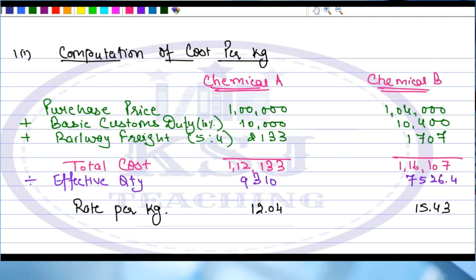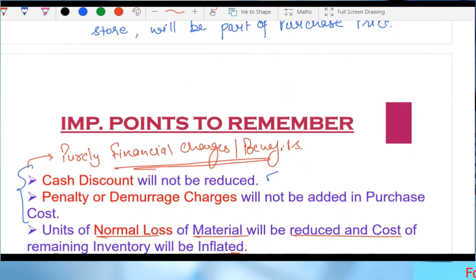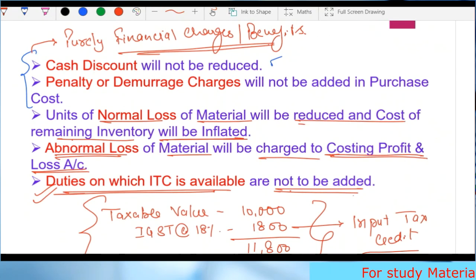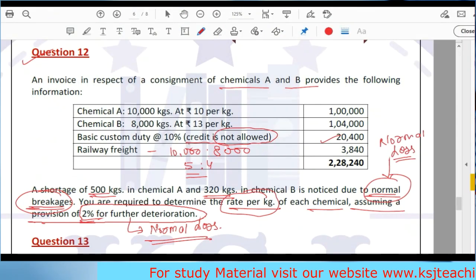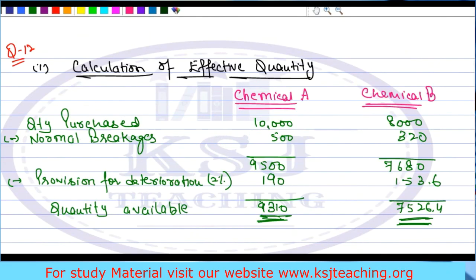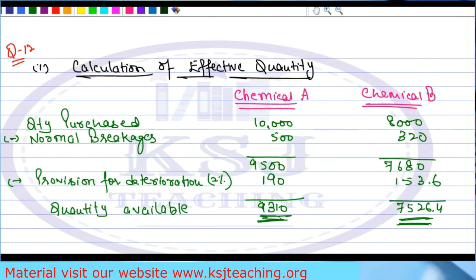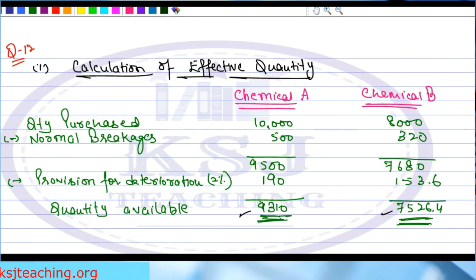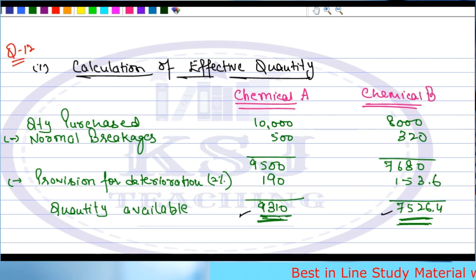Now, just listen to it carefully. I told you here that normal loss will be reduced and the cost will be inflated for the rest. Here, what we did with the normal loss, sir, we reduced the normal loss, and whatever the total cost was, we absorbed on the remaining units. Clear? This increased the cost per unit. Why? Because the number of units declined. Clear?